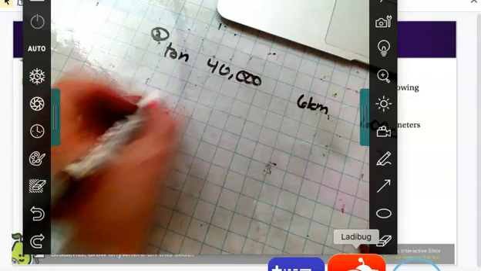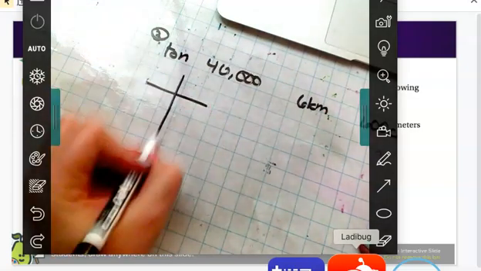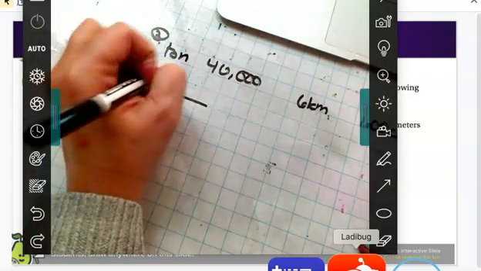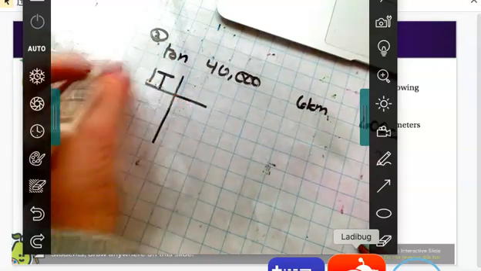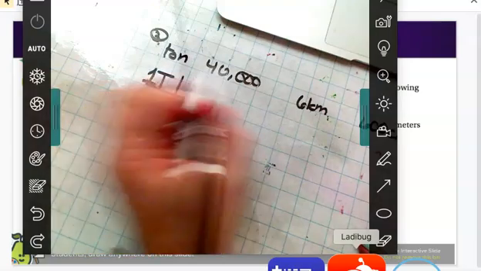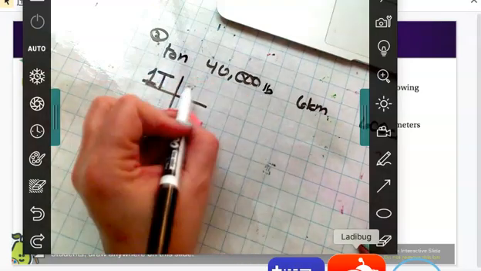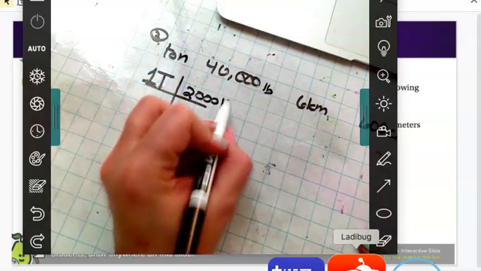All right, so first I'm going to do my conversion. What I need to know and have memorized is 1 ton, which they use a capital T, which always throws me. 1 ton is equal to how many pounds? Do you remember that? It's equal to 2,000 pounds.